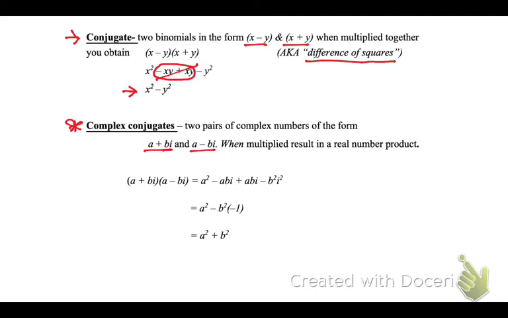If you want to make your life better, just call it all a conjugate. Got it? I love it when I'm doing square roots or radicals and somebody goes, multiply by the complex conjugate. Well, it's the conjugate, but it's not the complex conjugate.